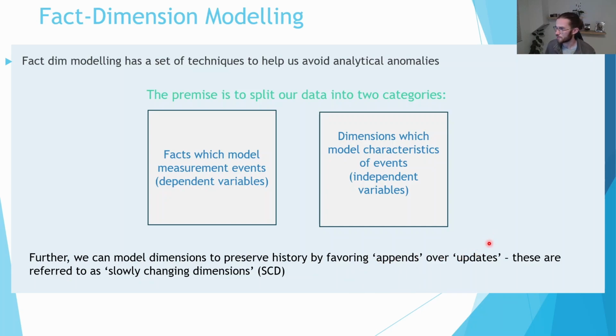We don't need to directly do an update. Instead, we could just append data onto our tables. These are referred to as slowly changing dimensions. You may have come across this term. It's also abbreviated as SCD. So great, that's fact dimension modeling at a really high level. The theory can get quite in depth, but this is truly the key idea around it.